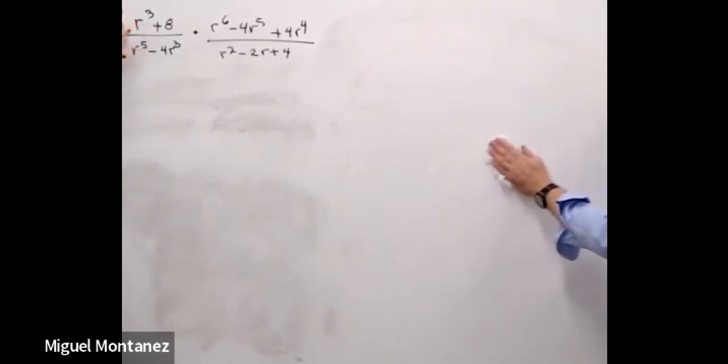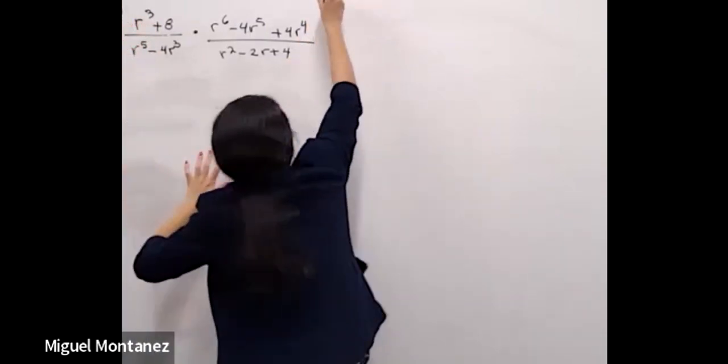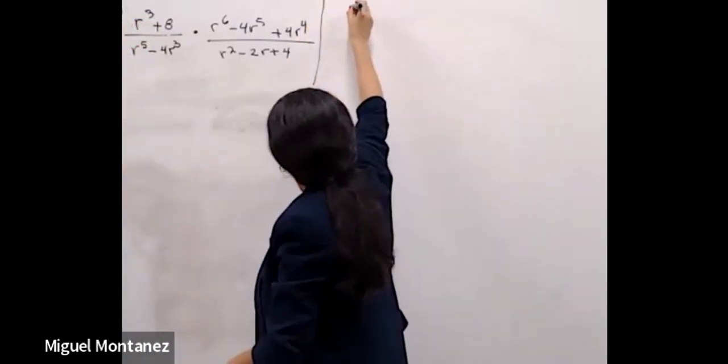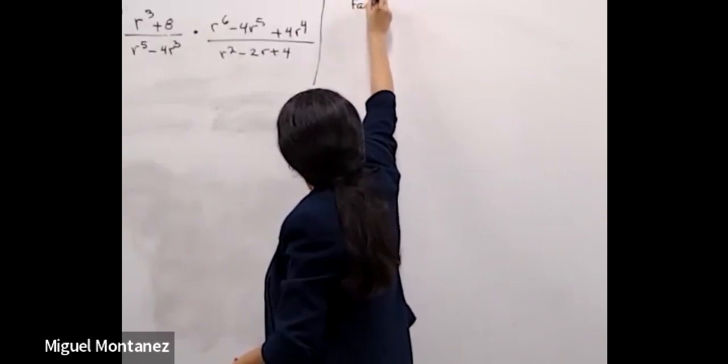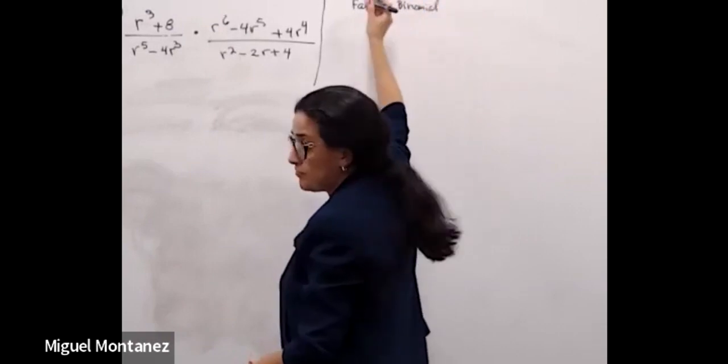We need to factor. Now we need to remember how we factor when we have two terms. For our class this was in chapter 3. So how do we factor binomials? We have different formulas.